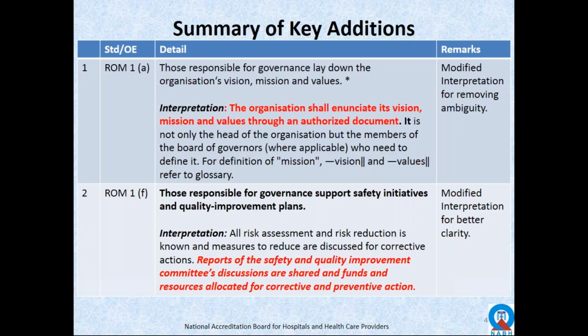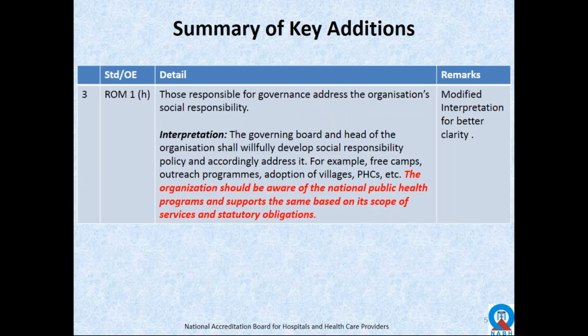ROM 1H, the element remains the same: those responsible for governance address the organization's social responsibility, but the interpretation has been modified to add support to the national health programs within the scope of services and statutory requirements. Now, this is another way of demonstrating the organization's social responsibility and commitment. Various programs such as the National Vector-Borne Diseases Control Program, the National Program for Control of Blindness, and the National AIDS Control Program, for example.